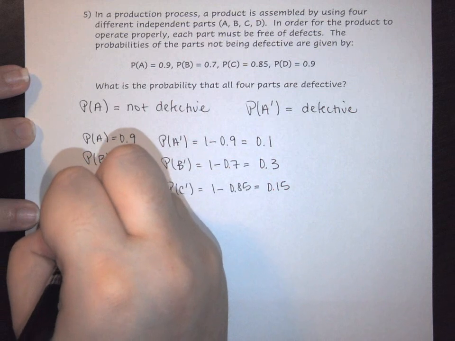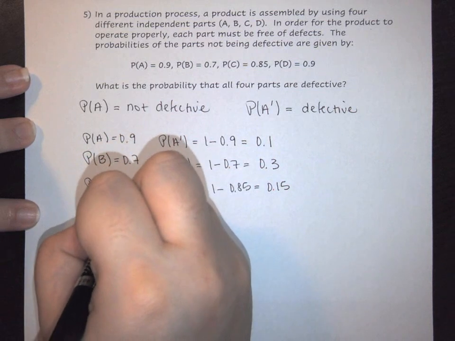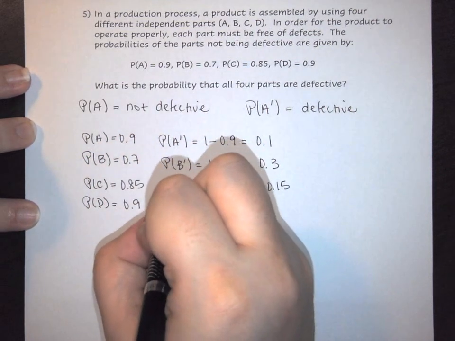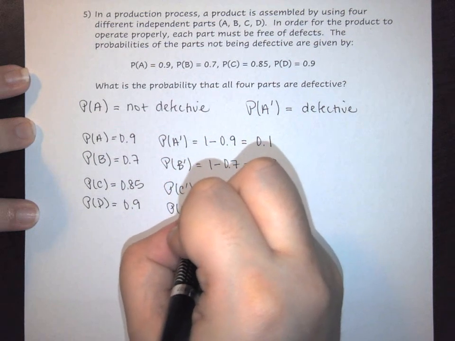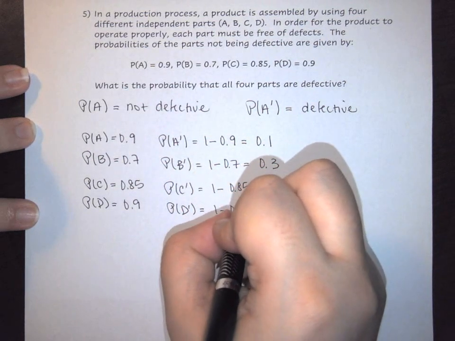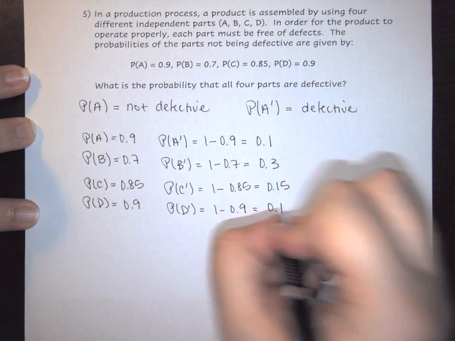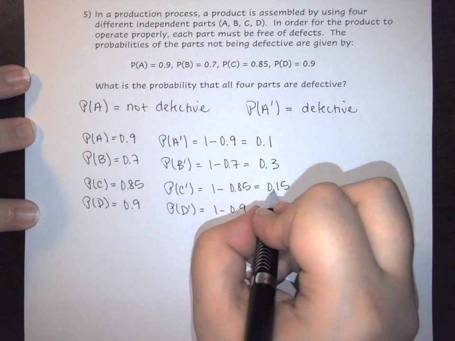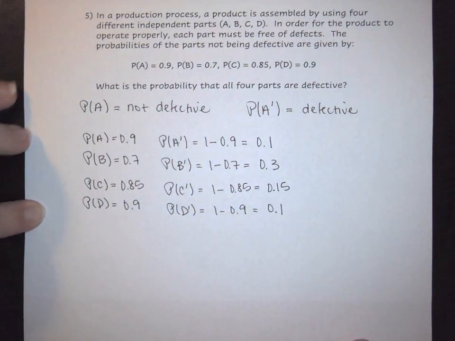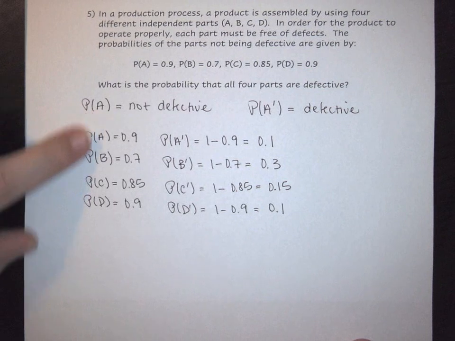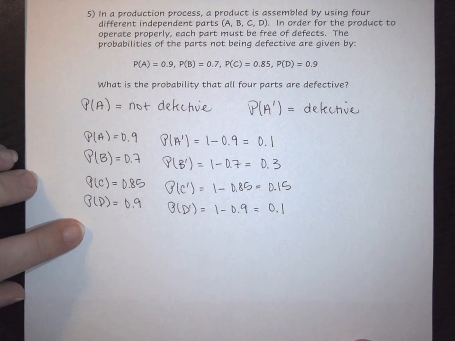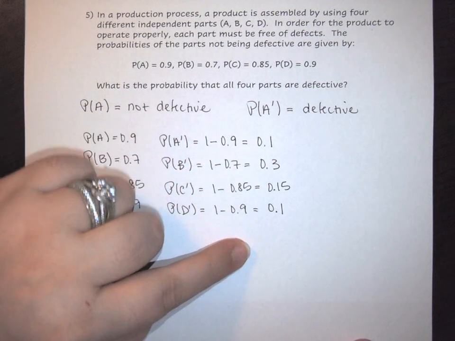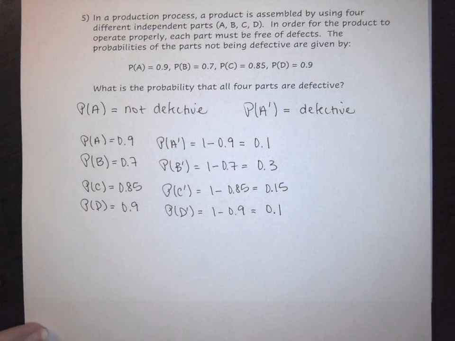And last, my product D, again 0.9. So its complement is the same as A, 1 minus 0.9, which equals 0.1. Okay? So what I have calculated here is we already knew the probabilities of not being defective. What we needed were the probabilities that they were defective.